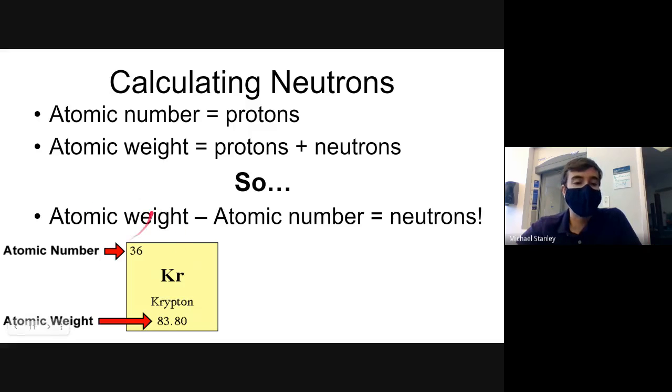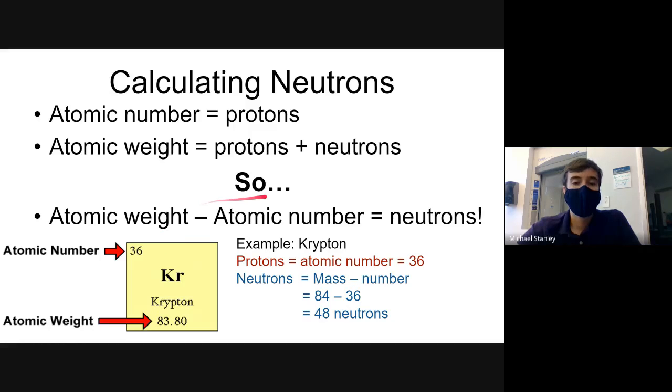So if our atomic weight is 84 and our atomic number is 36, that means we have 36 protons. And if we want to figure out our neutrons, we can take our atomic weight of about 84 and subtract our atomic number of 36, and this tells us that krypton has 48 neutrons.